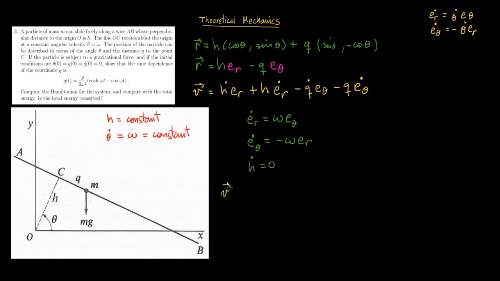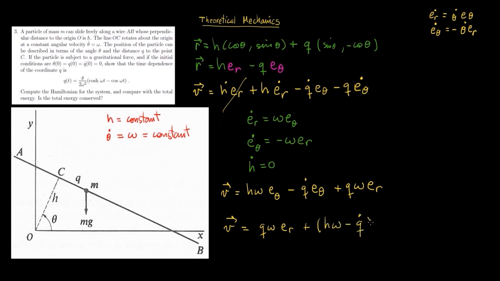So the velocity equals h omega E theta minus q dot E theta minus q omega E_r. Let's factor out: equals minus q omega E_r plus h omega minus q dot times E theta.